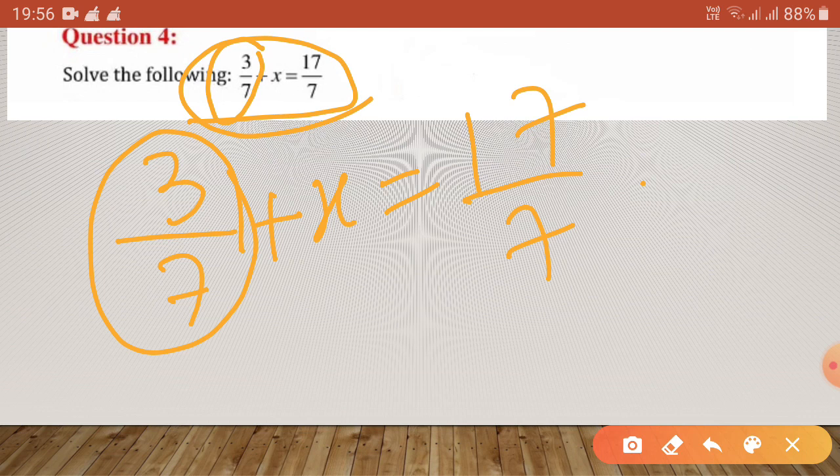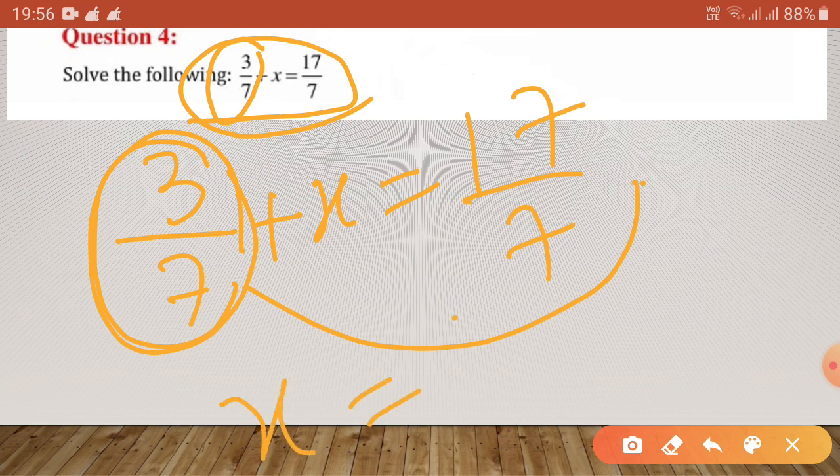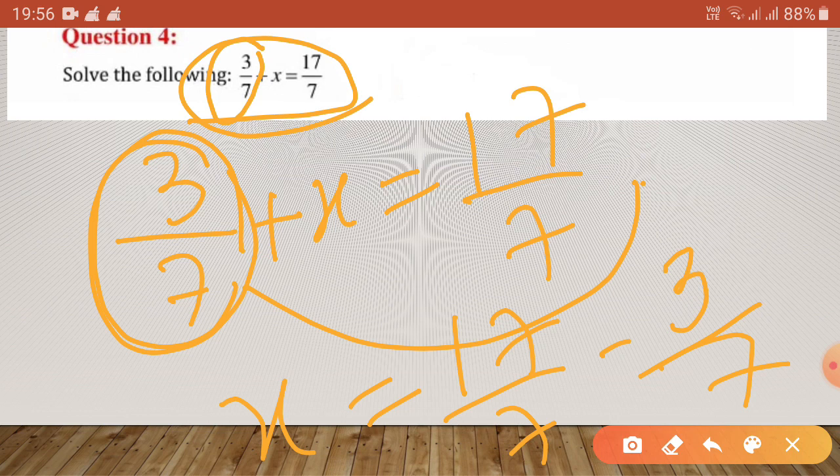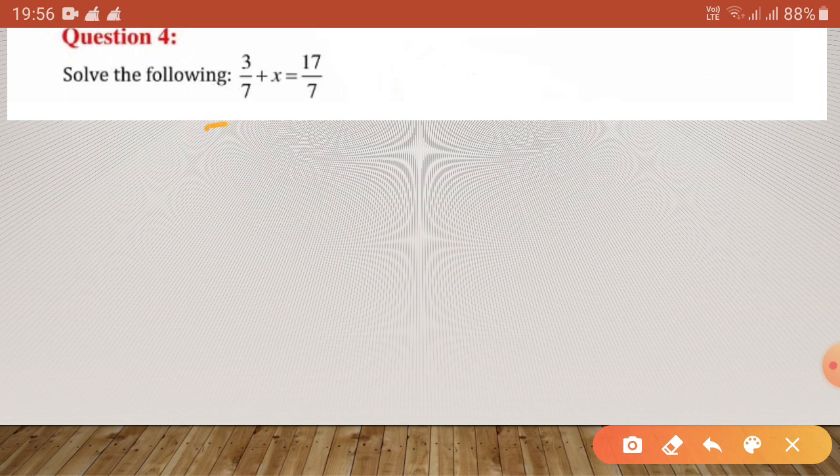Either we can transpose this value to the right side, so x equal to 17 by 7 minus 3 by 7, and then we find the LCM and the value. Or we can do one thing: the equation is 3 by 7 plus x equal to 17 by 7.